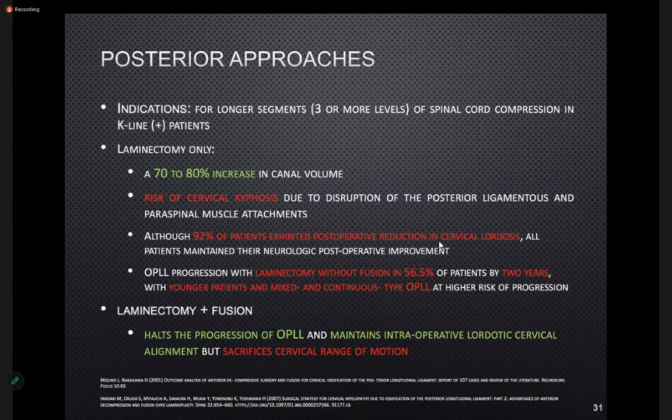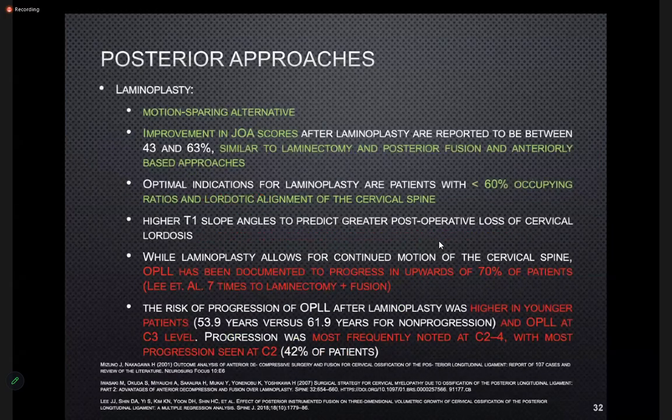This method has the advantage of holding the progression of OPLL and maintaining postoperative lordotic cervical alignment. But we have to sacrifice the cervical range of motion. And the last method is laminoplasty. This is the alternative for motion sparing. And this improves the JOA score by 40 to 60%.